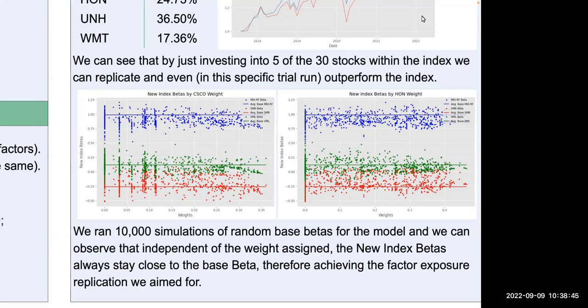So if I could sort of summarize this, I would say that yes, the model worked.